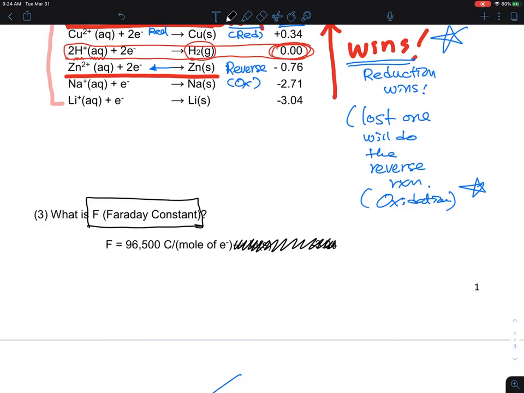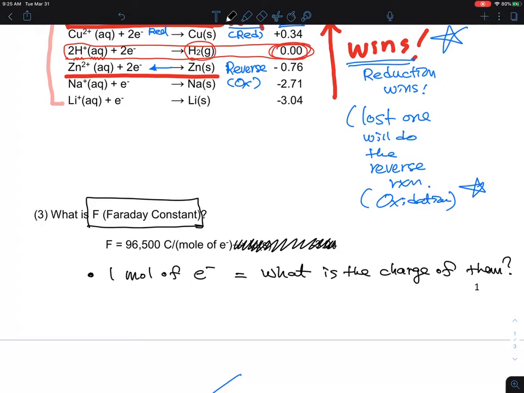And what he empirically found out is essentially, if you have 1 mole of electrons, what is the charge of them, the collection of one mole of electrons?